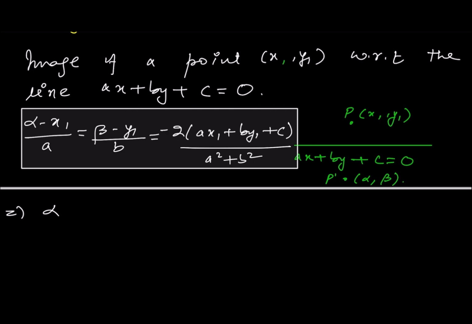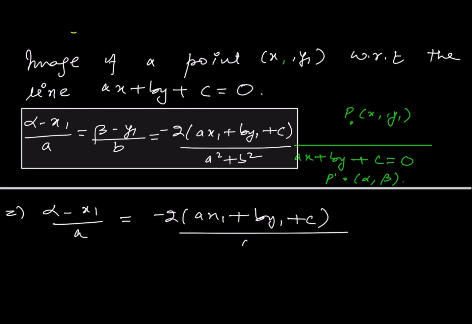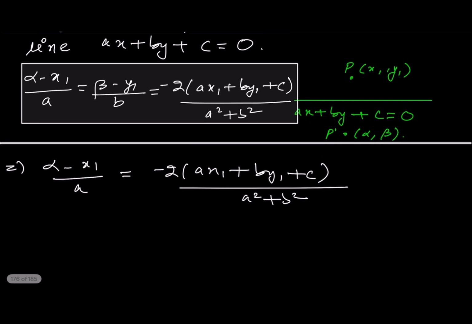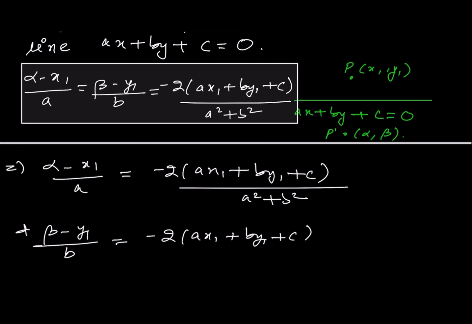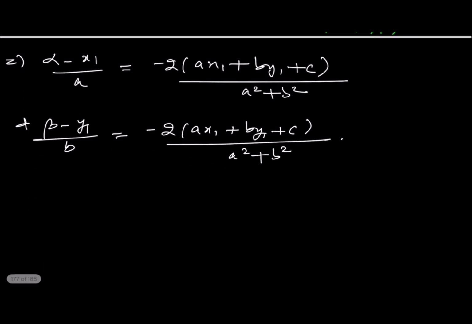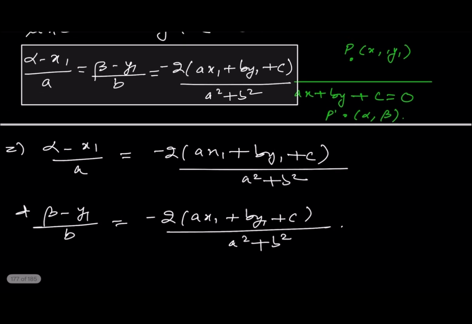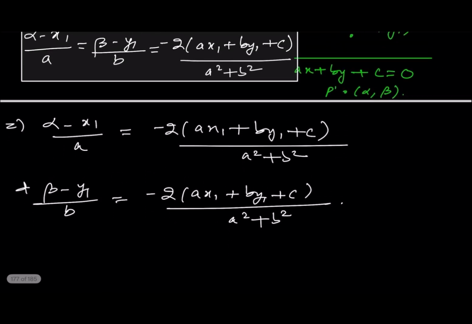So (alpha - x1)/a = -2(ax1 + by1 + c)/(a² + b²), and (beta - y1)/b = -2(ax1 + by1 + c)/(a² + b²). Okay, students, for this formula we need not see its proof.